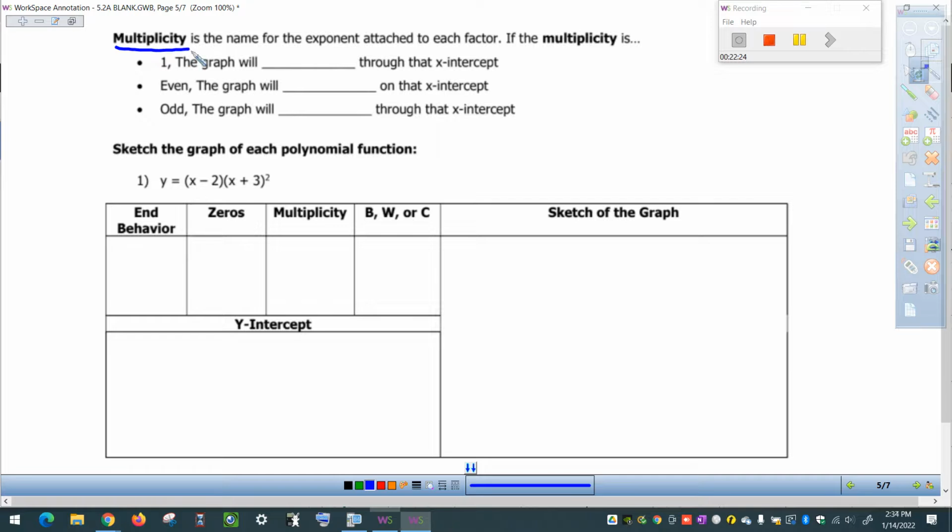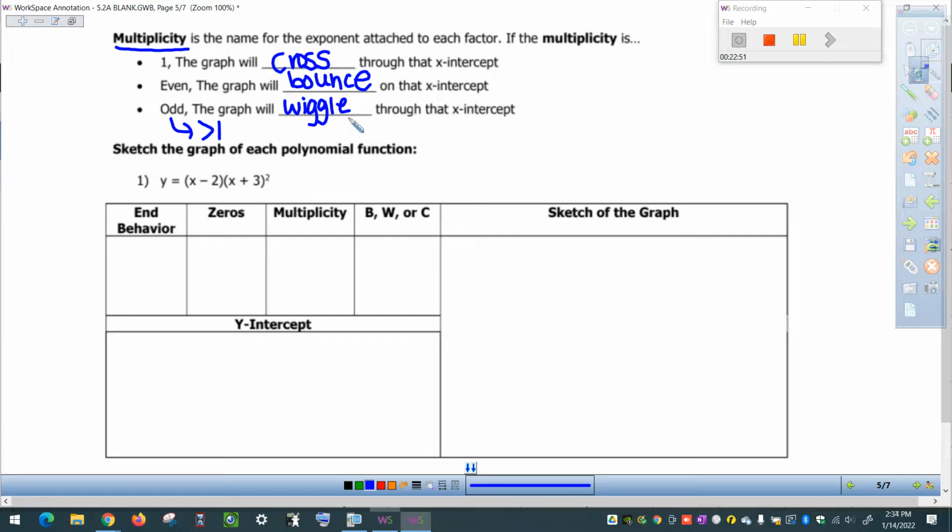So if the question is asking you for multiplicity, it really is asking, hey, what's the exponent that's attached to the factor? So if the multiplicity is 1, it's going to cross through the x-intercept. If the multiplicity is even, it's going to bounce on it. And finally, if the multiplicity is odd and greater than 1, it's going to wiggle through that x-intercept.